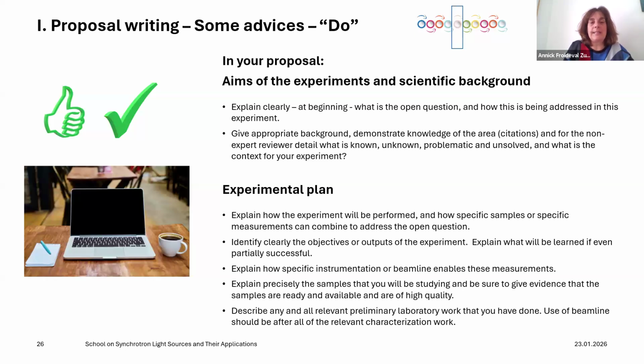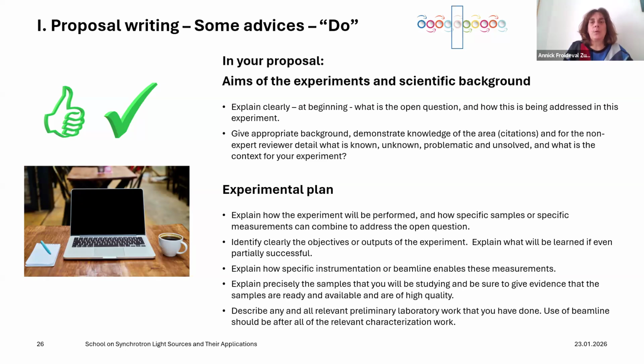Explain precisely the samples that you will be studying and be sure to give evidence that the samples are ready and available and are of high quality. And describe any and all relevant preliminary laboratory work that you have done. Use of the Beamline should come after all of the relevant characterization work.